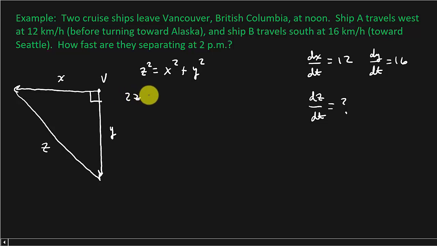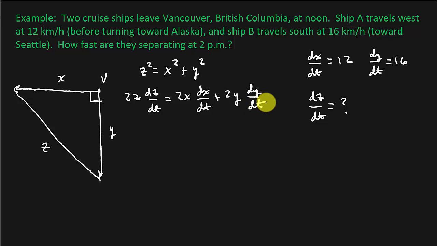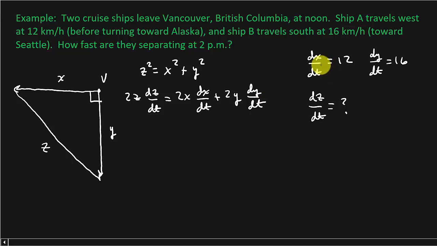So we got 2z dz/dt equals 2x dx/dt plus 2y dy/dt. Okay, take the derivative with respect to t. So you can see that I've got dx/dt, dy/dt, so I've got something to plug into here and here, right?